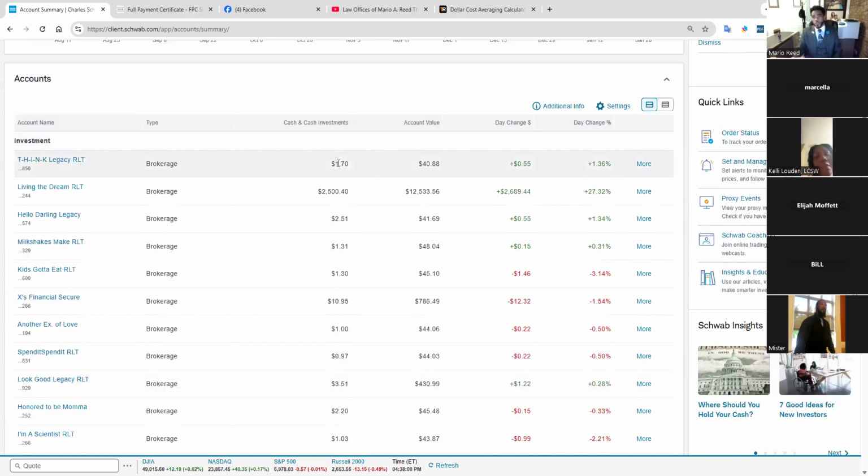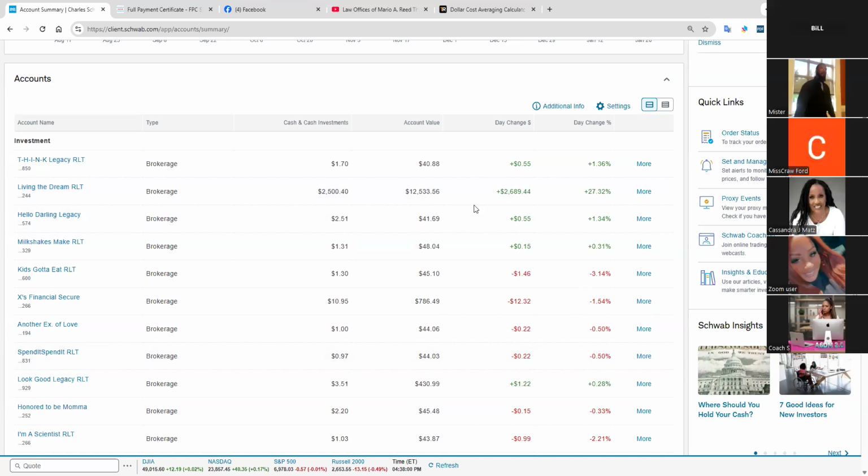But the one that I'm going to be focusing on is the Living the Dream Legacy Revocable Living Trust. And that's the first reason why I say Charles Schwab is so fantastic, because you can open up the brokerage account in the name of your trust. So that's a tremendous feature, which is very helpful because we don't want the asset to be in our name. We want it to be in the name of the trust. So that's step one, which is outstanding.